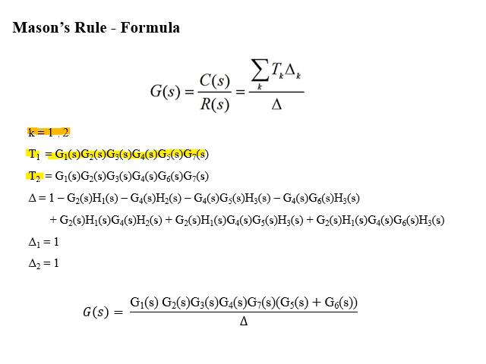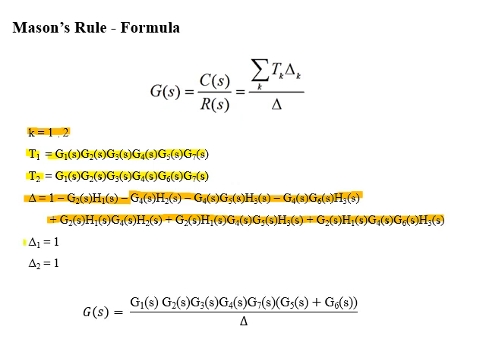Similarly, T2 is the product of G1, G2, G3, G4, G6 and G7. Now delta is equal to 1 minus sum of loop gains plus sum of non-touching loop gains taken 2 at a time minus sum of non-touching loop gains taken 3 at a time. In this case we have the sum of non-touching loop gains taken 2 at a time. So substituting their loop gains, we will get the value of delta.